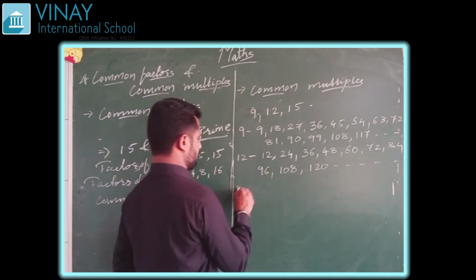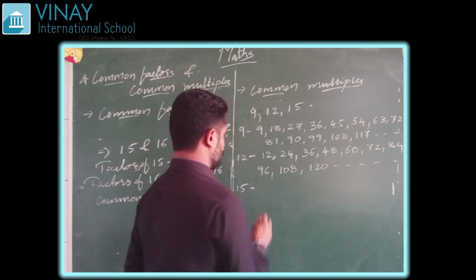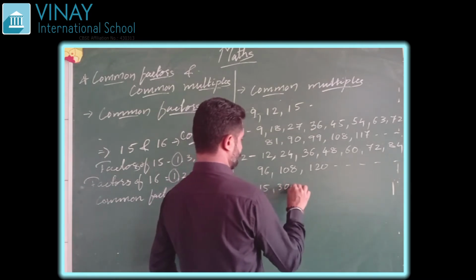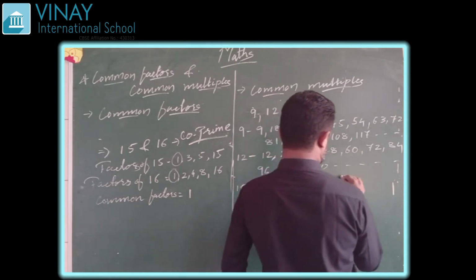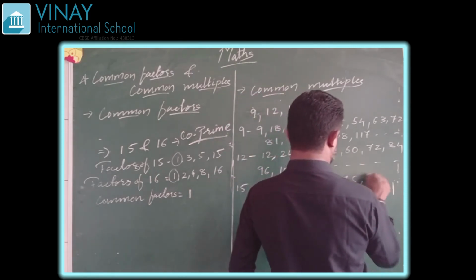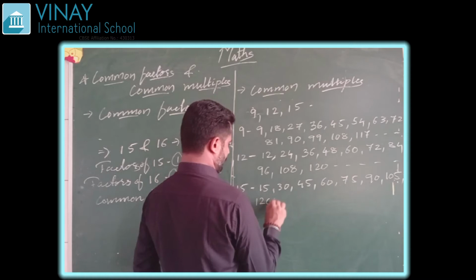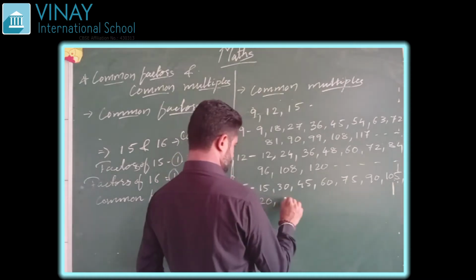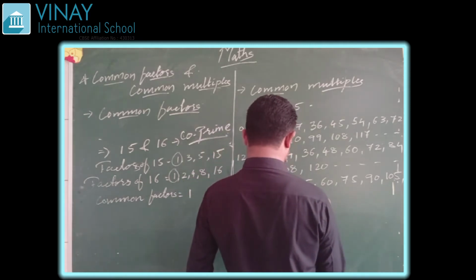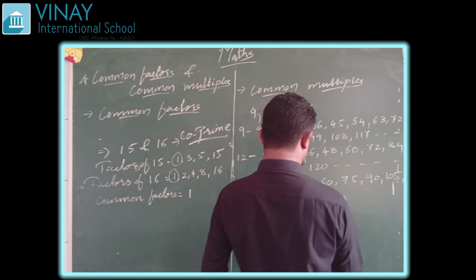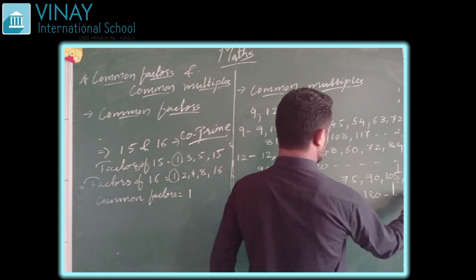The same way, multiples of 15 are 15, 30, 45, 60, 75, 90, 105, 120, 135, 150, 165, 180 and so on.